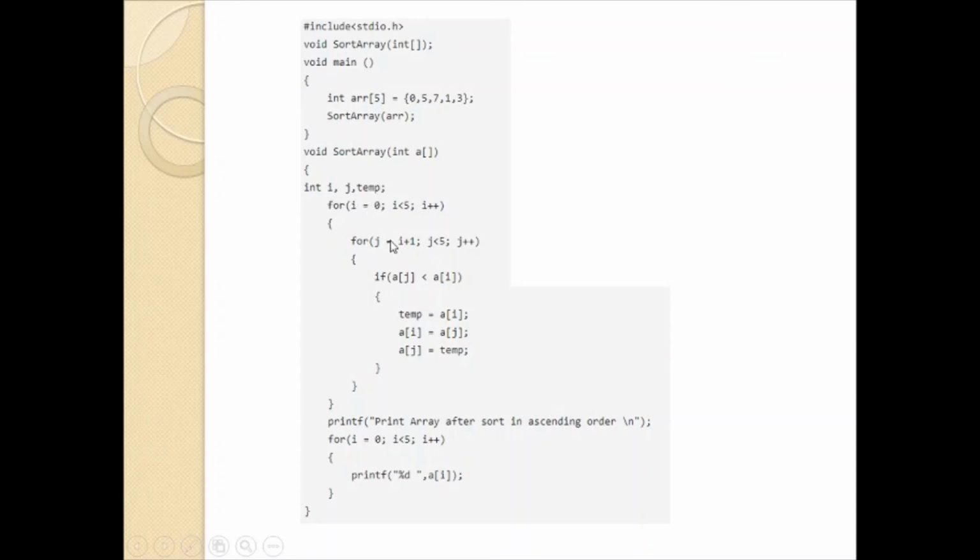Here we are using some for loops. This is nothing but a sorting technique we have written, that is bubble sort. We check each and every element. If the first element is less than the second element, we swap. This is how the sorting operation is done.